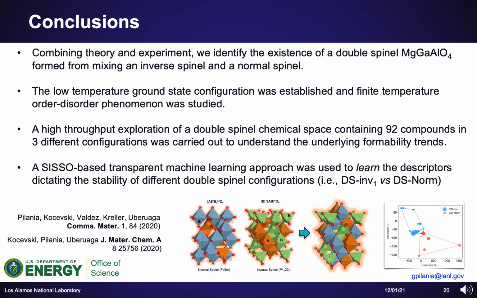Next, we used high throughput DFT computations to explore a vast set of double spinel chemistries to identify 49 thermodynamically stable double spinels and studied their electronic structure. Finally, using only cation specific properties, we employed machine learning to successfully classify the double spinels via their cation orderings, showing that an interplay of both strain and electrostatics drives the energy difference between the different cation orderings.